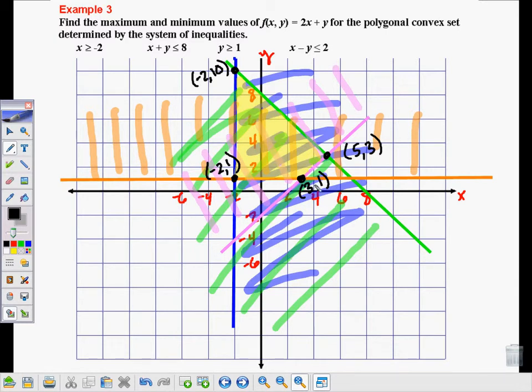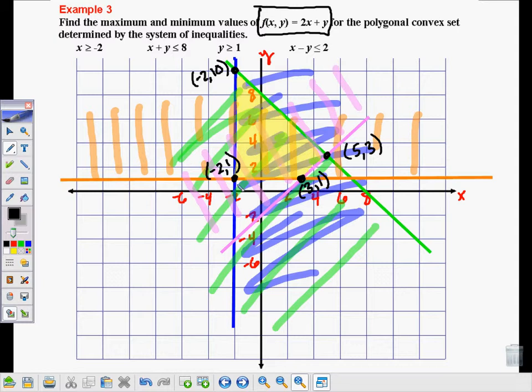Now, in reality, I should test every one of the points inside my common solution set in this function. However, there's a shortcut. And that shortcut has been proven mathematically: if we have a closed polygonal region, we only need to test each of the vertices.